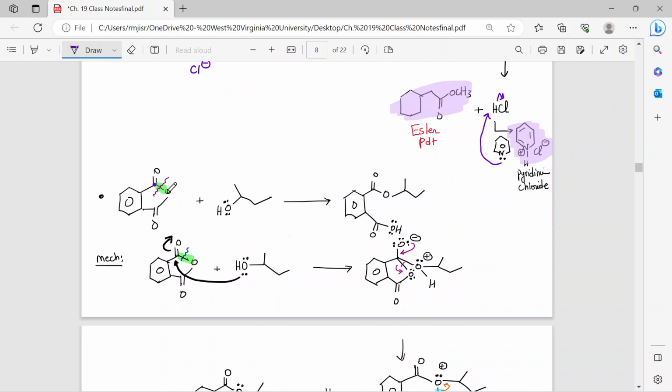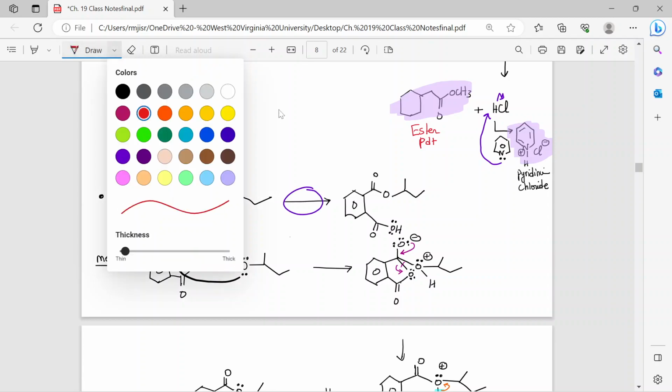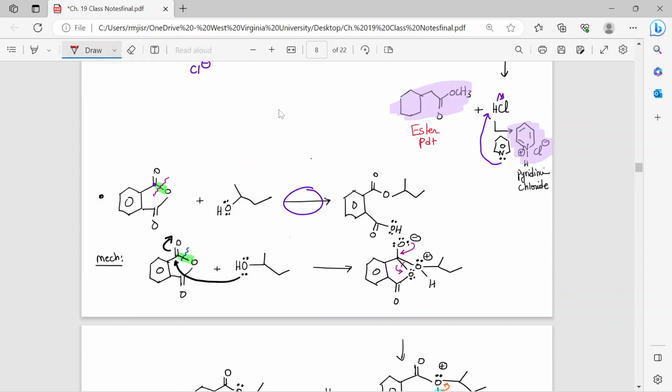So highlight the bond that you are going to break, and then always look at the medium that you are working with over here and check. Are we using an acidic medium or a basic medium? If you have nothing in there, then this is going to proceed by a basic medium. So this means that the nucleophile can immediately come and attack the carbon of the carbonyl.